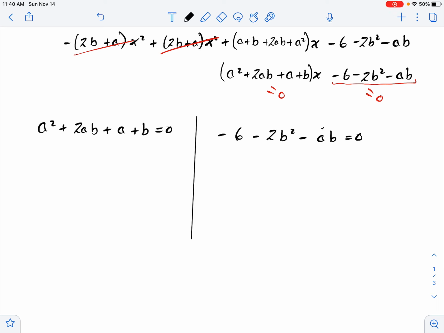So I will add ab to both sides, and I will get ab is equal to negative 2b squared minus 6. Dividing both sides by b, a will be negative 2b squared all over b minus 6 all over b.